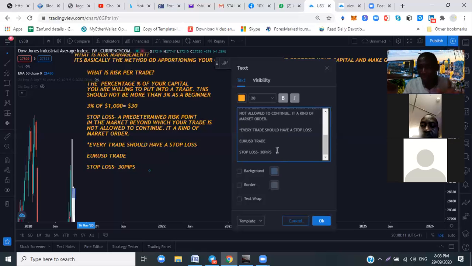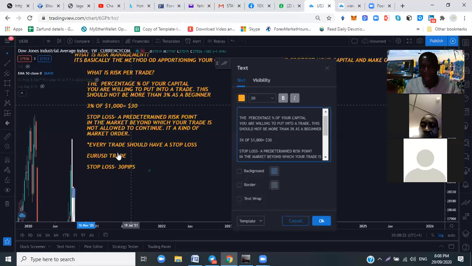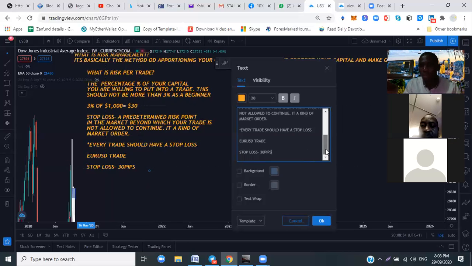The second thing we need to talk about is lot size. So lot size, after you have determined your risk per trade, all right? After you've determined your risk per trade, and then you pick a trade, and you know that your stop loss is 30 pips, right? Okay, so now, the next thing you want to do in order to set your trade to actually risk 3%, which is $30, is your lot size.